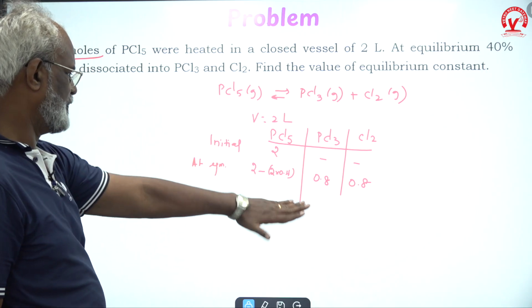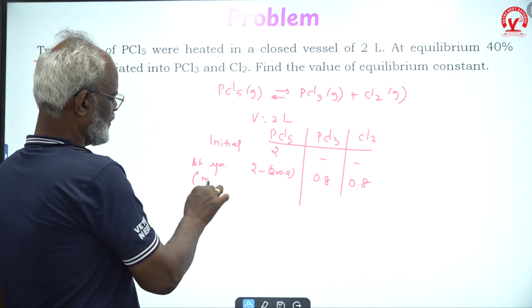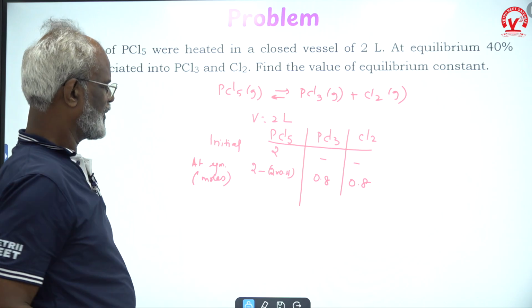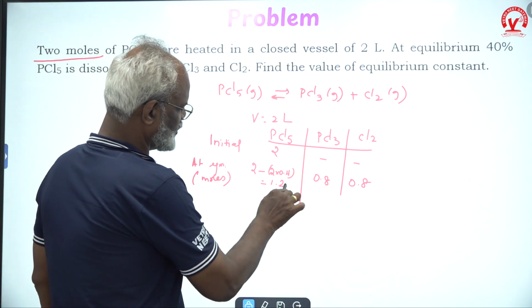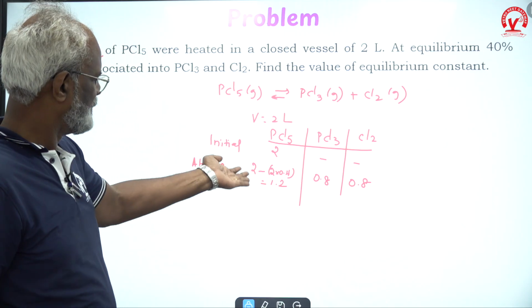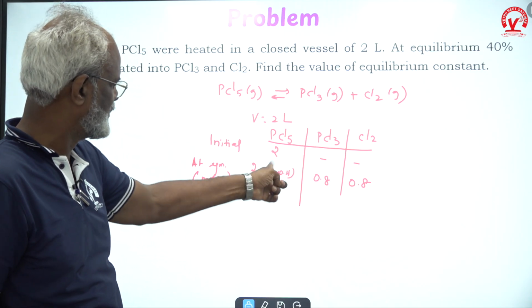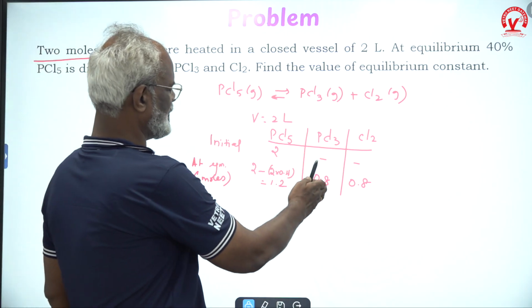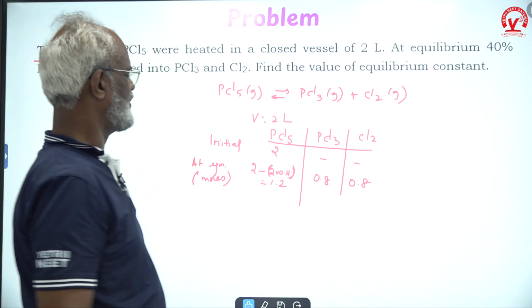At equilibrium, the number of moles of PCl5 is 2 minus 0.8, which is equal to 1.2. And you get 0.8 moles of PCl3 and 0.8 moles of Cl2.